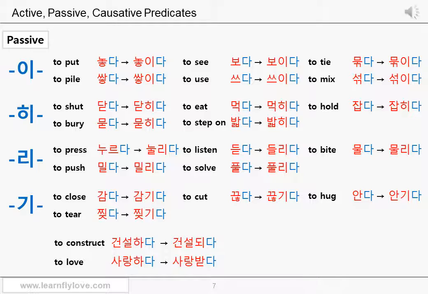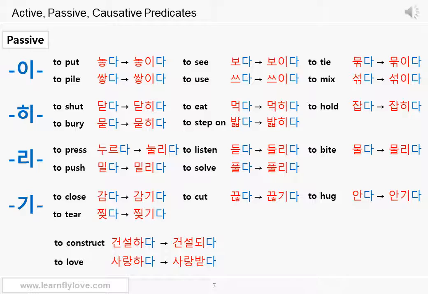Yes, you use 받다 for this very verb, love, in the passive. 받다 means to receive. So you can intuitively know that 사랑받다 means you receive someone's love. That is why it can be the passive voice. To be loved, you receive someone's love.